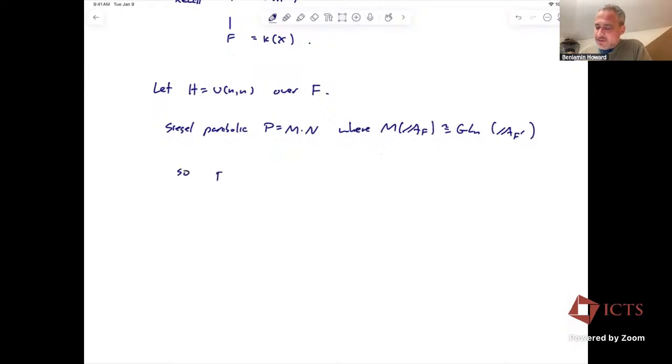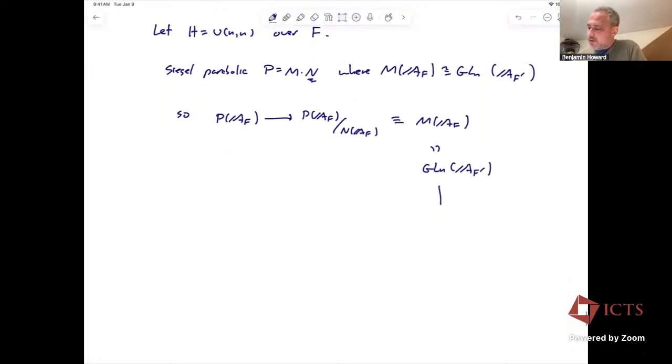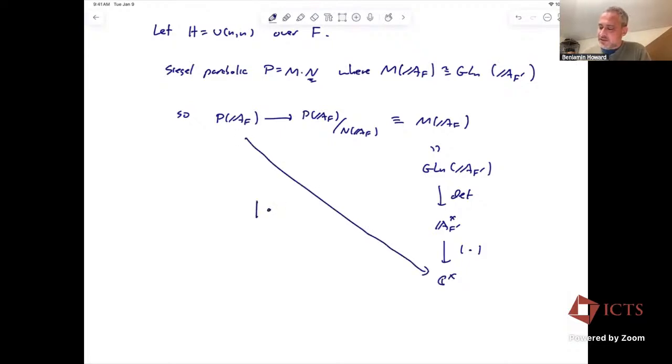So if I take the adelic points of my Siegel parabolic, the unipotent radical N is normal, and when I take the quotient, I get the Levi factor, which I'm identifying with GL_N. And then you take the determinant. And then on the adeles of F prime, we've got the usual absolute value. And so this composition, I'm just going to call absolute value.